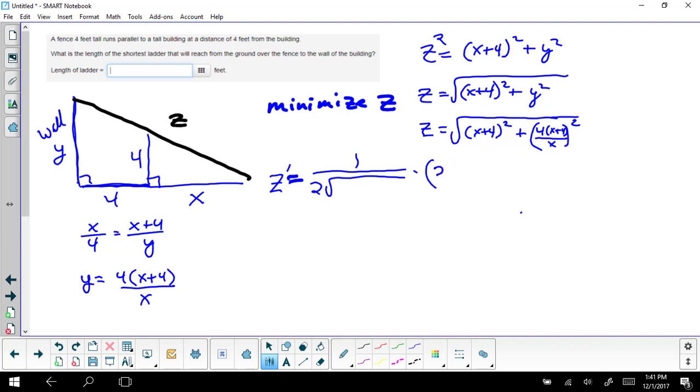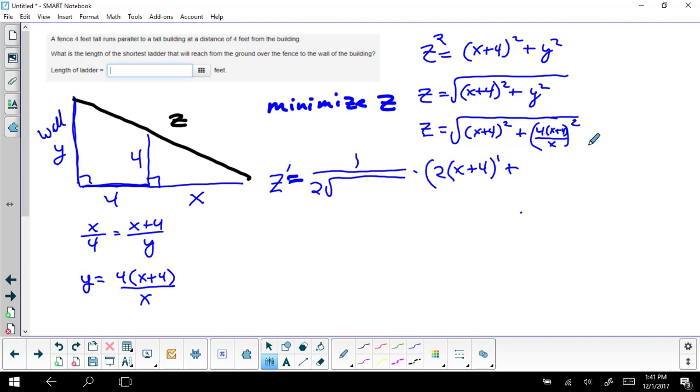So, I'll go through this and write out the whole derivative, but here's what we're going to have, right? We're going to have a product rule on this parentheses, so 2 times (x plus 4) to the first, plus, now I've got to do a power rule and then a quotient rule on the inside.